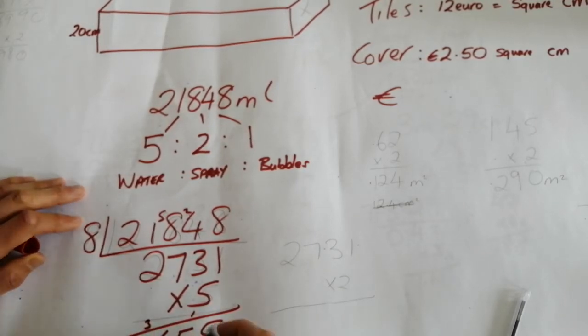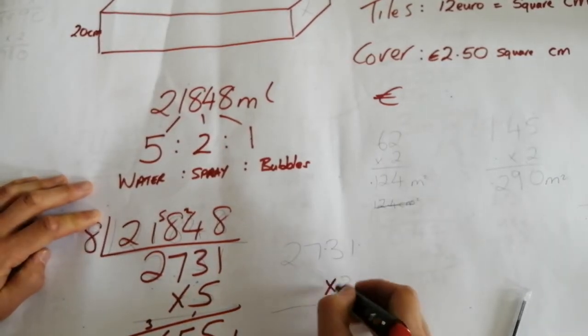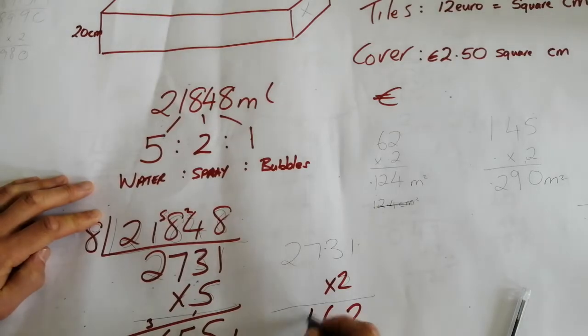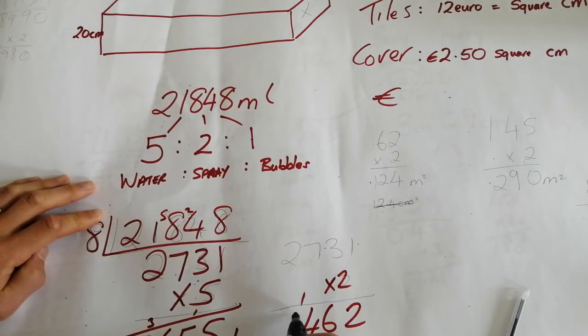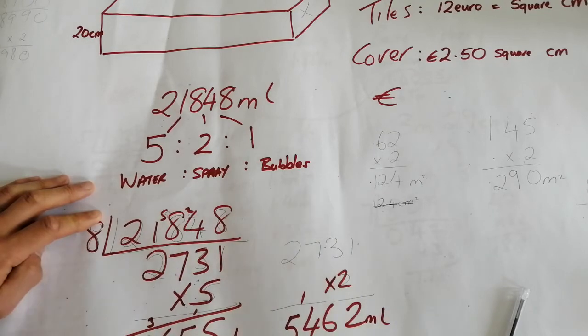That looks about right, yeah. So that is for water. How much of the spray and disinfectant and all that kind of stuff. Yep, that looks right. And of course, just 1 on its own is 2731.